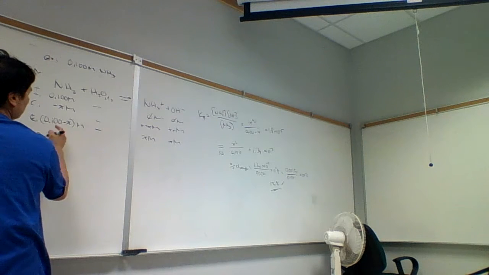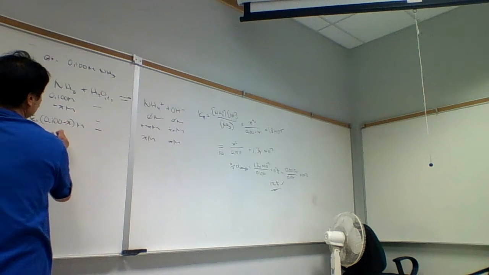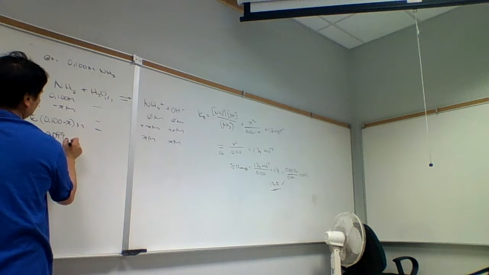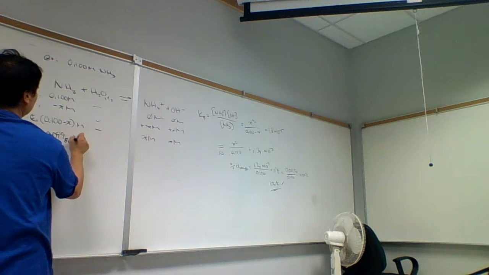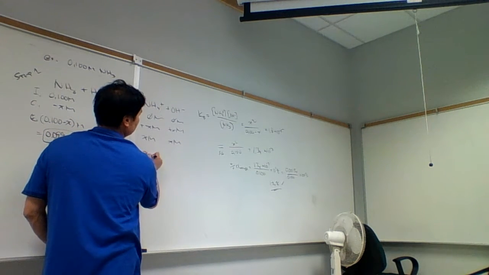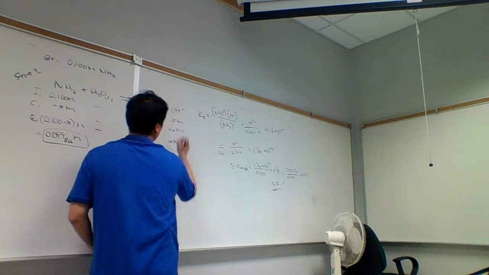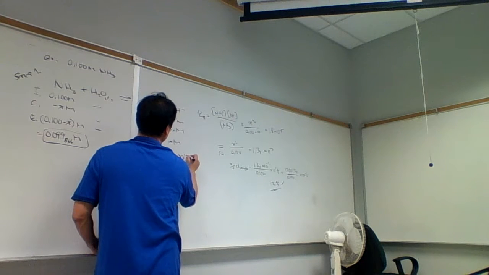This is going to give us 0.100 minus 0.00134, which gives us 0.09866 for the ammonia. The ammonium is going to be 0.00134, and then the hydroxide, 0.00134.